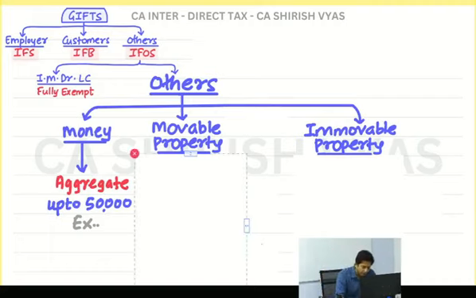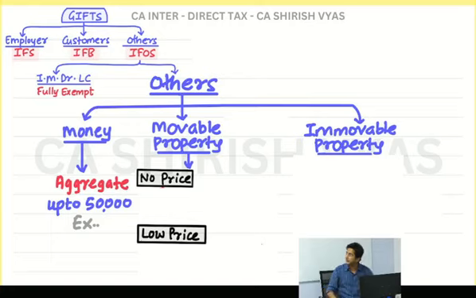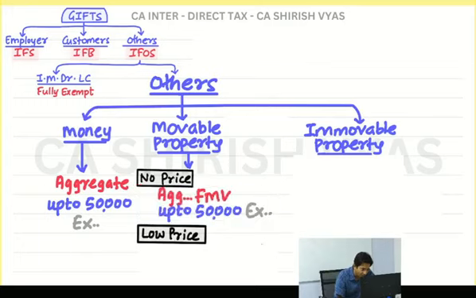So see, on the screen you will find something. No price, low price. If there is no price, then it is a gift only. But if it is low price, then also it's a gift, but the element of gift is the difference. So see, here what I have written, read. If it is no price, what will you do?